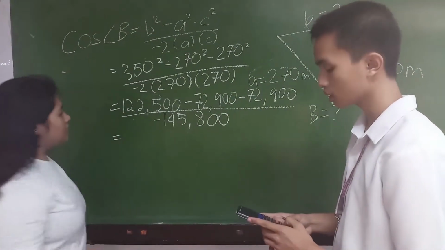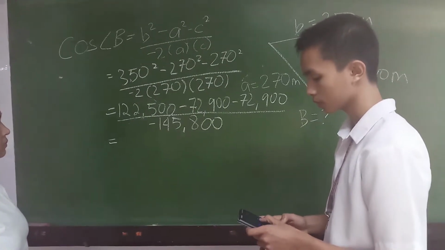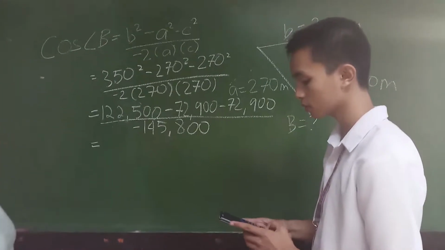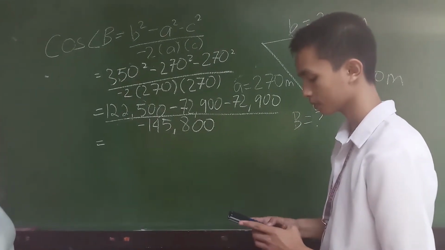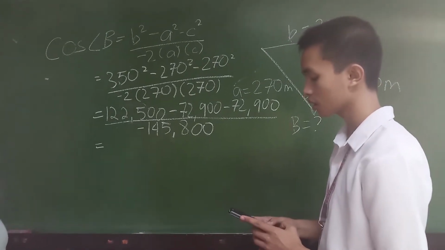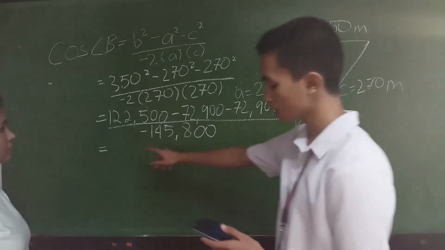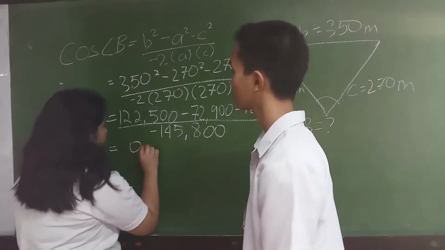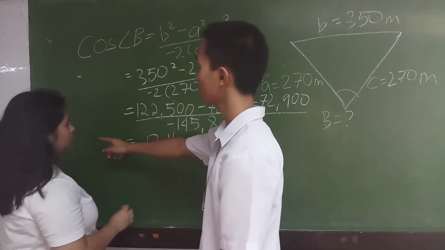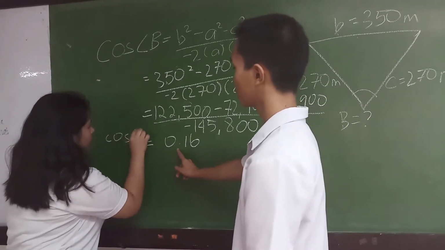So 122,500 minus 72,900 minus 72,900 over negative 145,800 equals 0.16. So, cosine angle B equals 0.16.